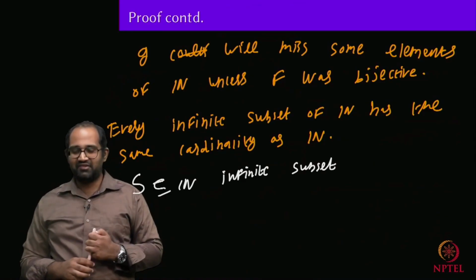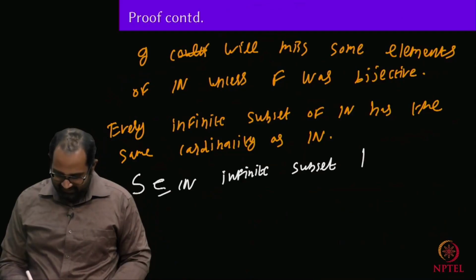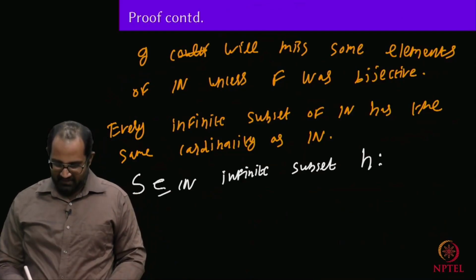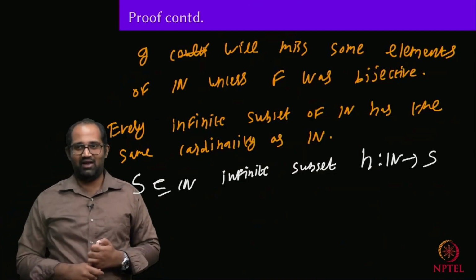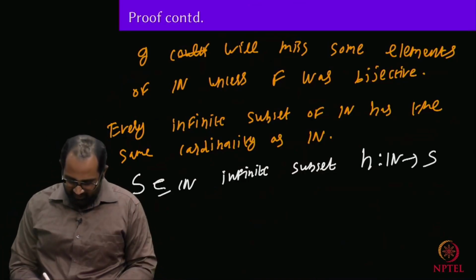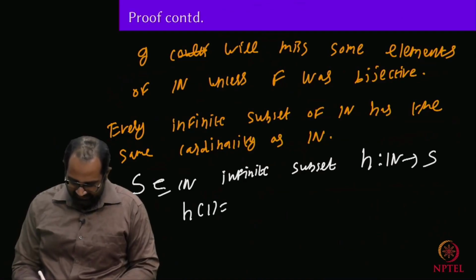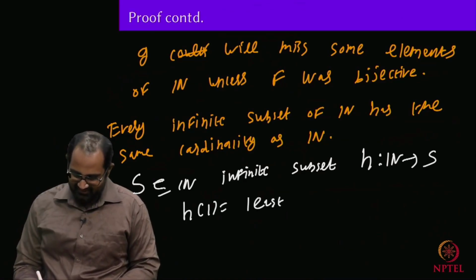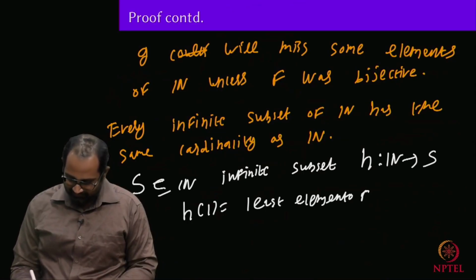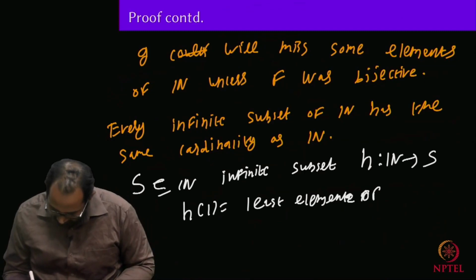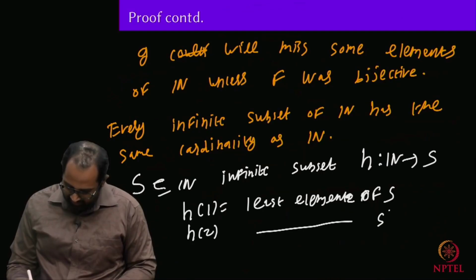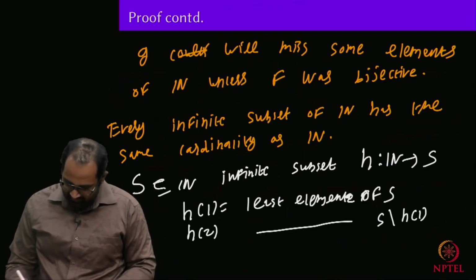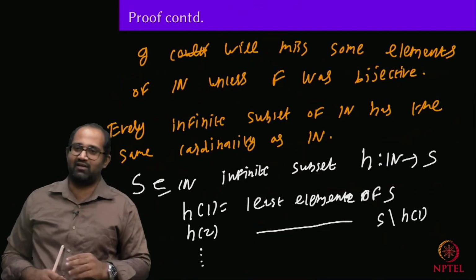Now what I am going to do is construct an explicit bijection H from the natural numbers to S. Okay. How am I going to do that? I am going to say H of 1 is the least element of S, H of 2 is the least element of S minus H of 1, and you can see where this is going.